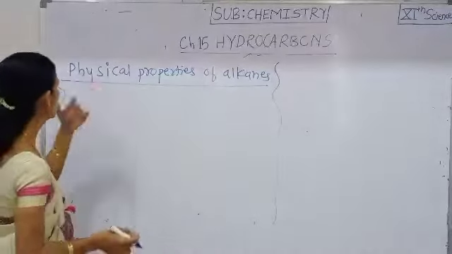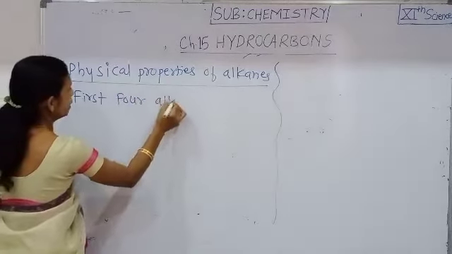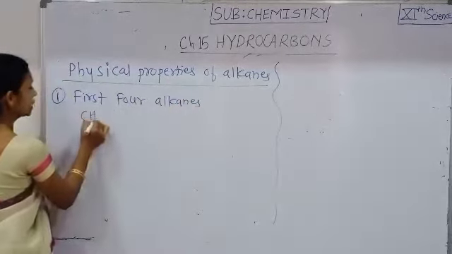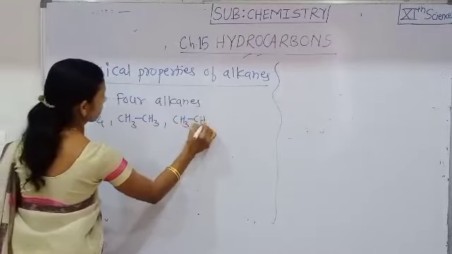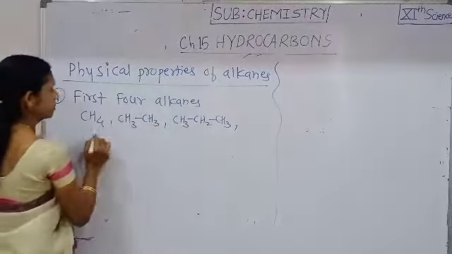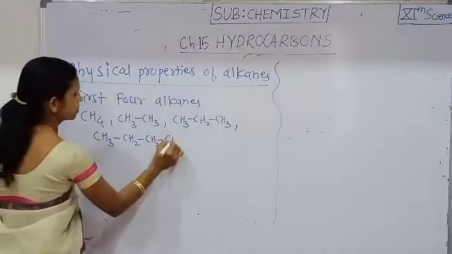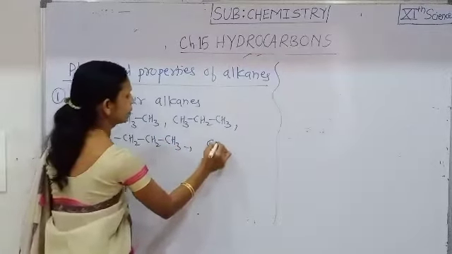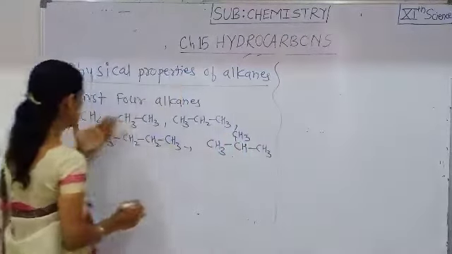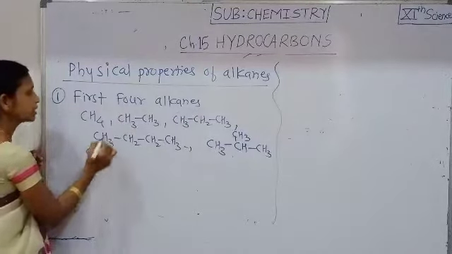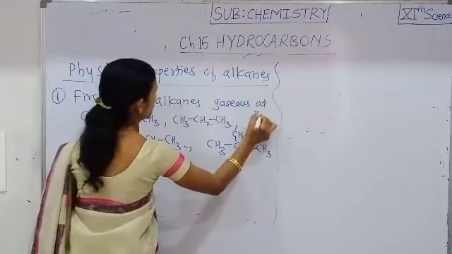Then see here, the first four alkanes, which are methane, ethane, propane, butane, that is n-butane as well as isobutane, having the formula CH3, CH3, CH3, are gaseous in nature at room temperature.